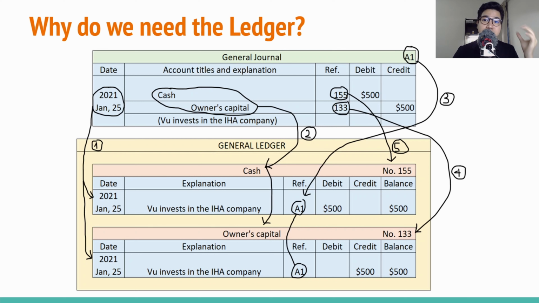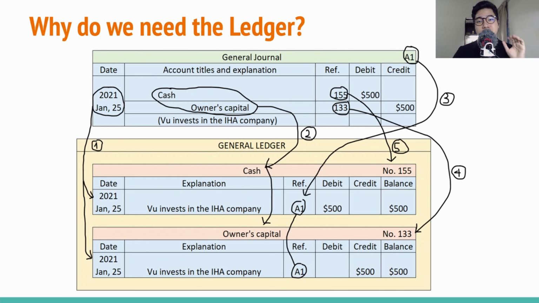We can easily see that the general journal contains two accounts that were affected on January 25th, right? Then, looking down, we can see that the general ledger contains two sub-ledgers, the cash and owner's capital. As a result, we can recognize that ledgers show us two pictures of the cash account and the owner's capital account in detail.